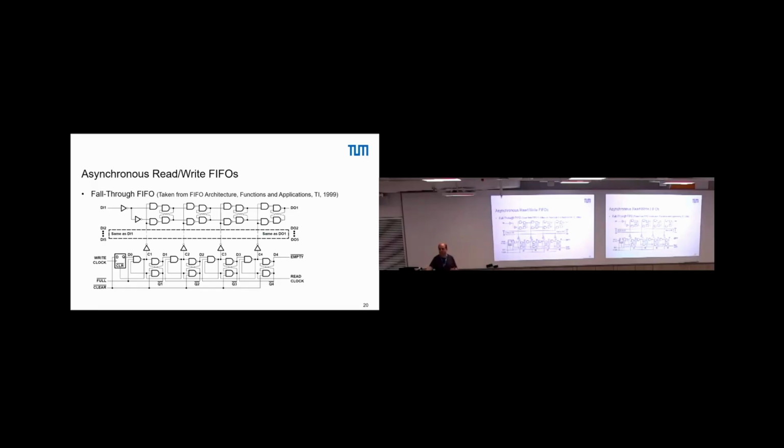Yes, the size is one problem. Another point: you have the critical path, so for the first data word, you have the propagation delay from input to output, which might be longer than needed. So this critical path increases with the depth of the ledge. And the third point is, this is of course very critical regarding timing, right?